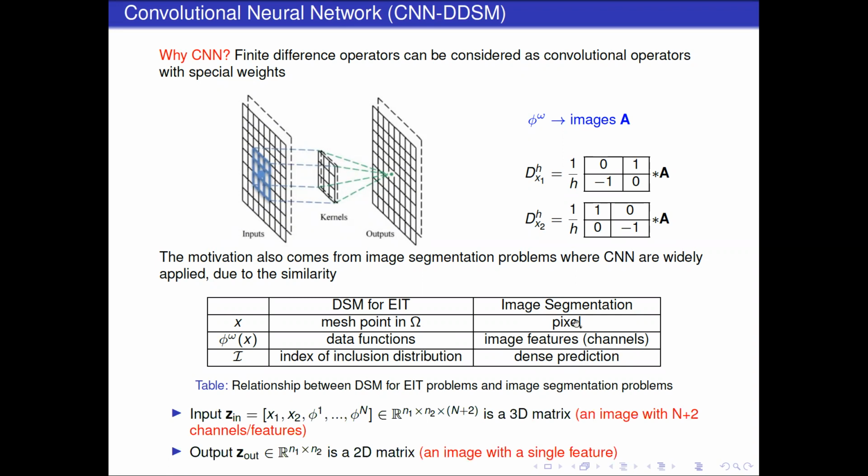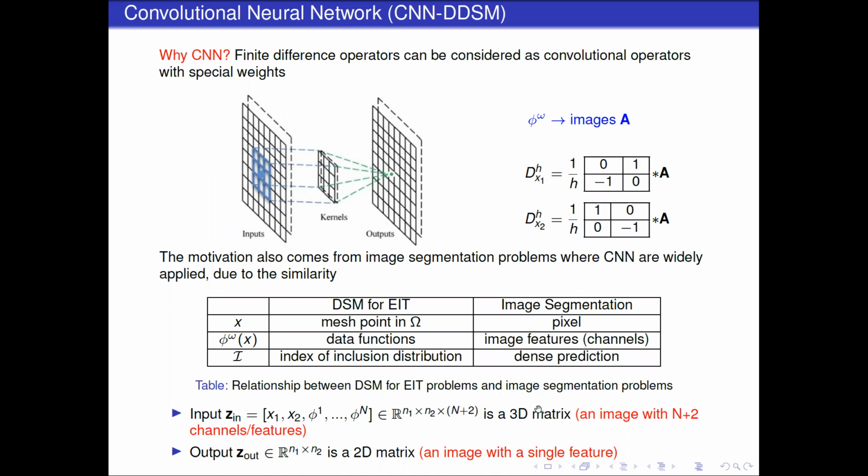But for segmentation problems, for each image, there are only 3 channels corresponding to 3 color features. But in our case, the number of channels depends on the number of given data pairs. For example, if there are n data pairs, we have n plus 2 channels. So the input is n1 by n2, the spatial dimensions, times n plus 2 channels.